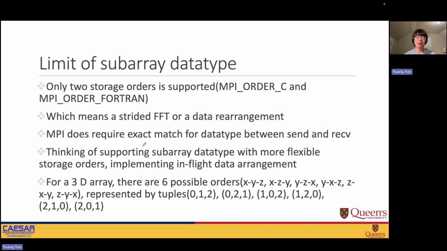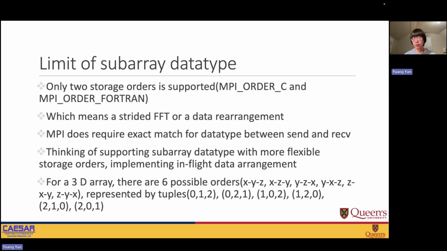Based on that, we are going to design in-flight data rearrangement by first extending the subarray data type storage order, and then using the zipper-like storage order pair to perform in-flight data rearrangement.